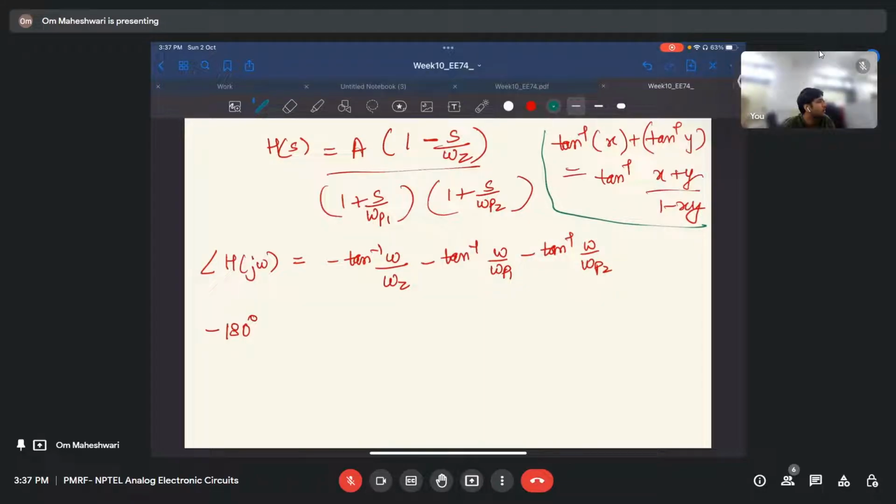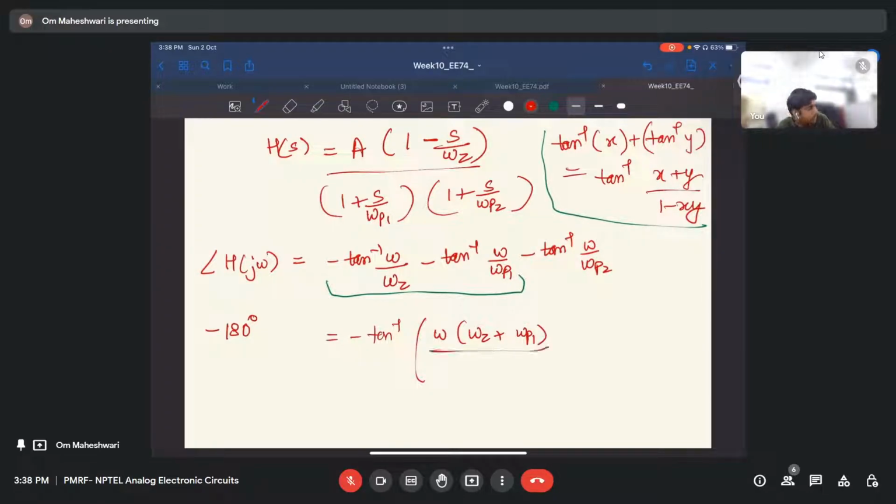So if I apply it to these two first, I will get minus tan inverse (omega omega z plus omega p1) divided by (omega z omega p1 minus omega square) minus tan inverse omega by omega p2.